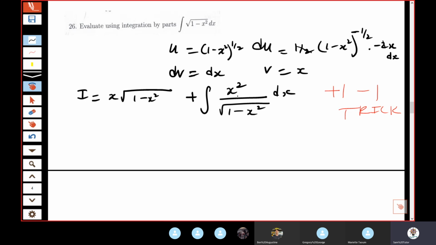Here, you're going to make the top look like the bottom. Forget the surd. You're going to make the top look like the bottom. So you're going to make the top look like 1 minus x squared. So what are you going to write? If you've got to make the top look like the bottom, what would you write?